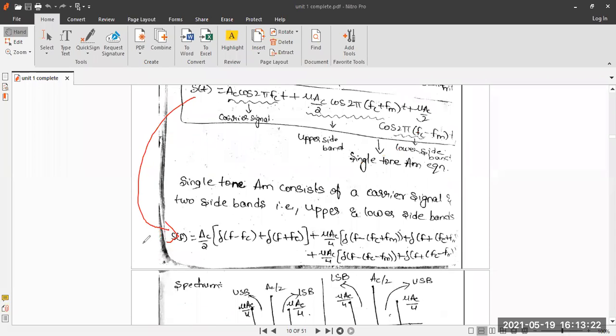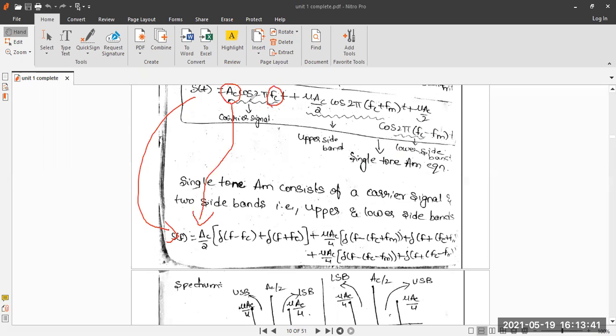Here AC is called the amplitude. The amplitude becomes half, and the frequency is fc.